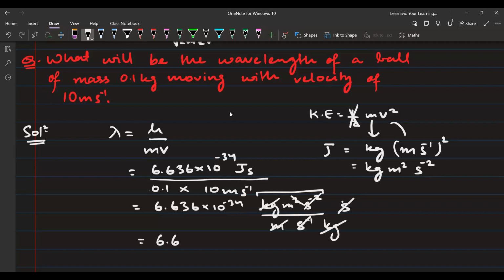That is 6.636 into 10 to the power minus 34 meters.